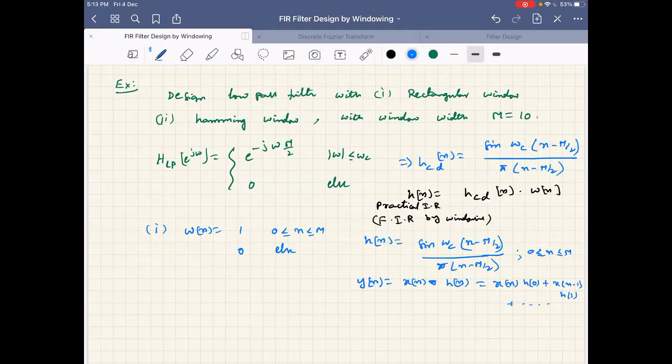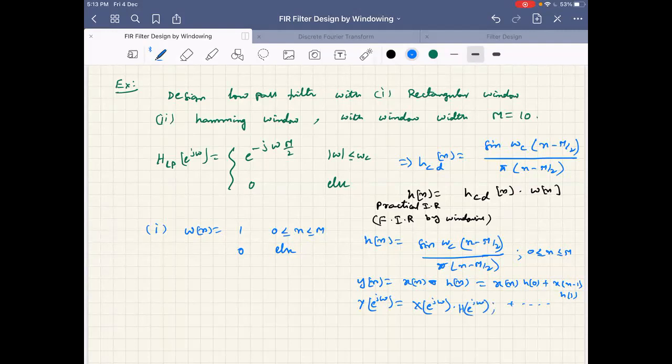This comes as a difference equation when we write it as the input output relationship. This can also be looked at in the frequency domain, where y of e power j omega is equal to x of e power j omega into the filter response h of e power j omega.